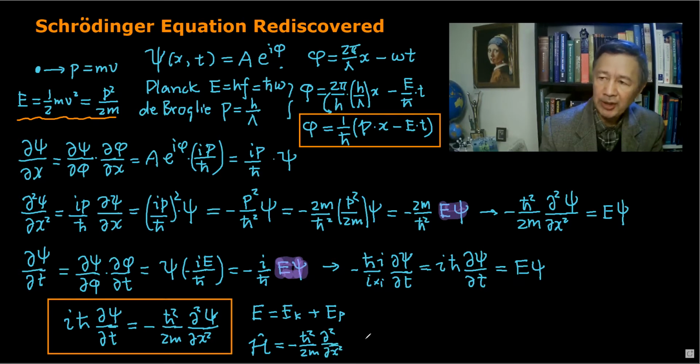And for the potential energy, we simply use V, the potential energy as a function of x. So that would be our operator for the Hamiltonian.